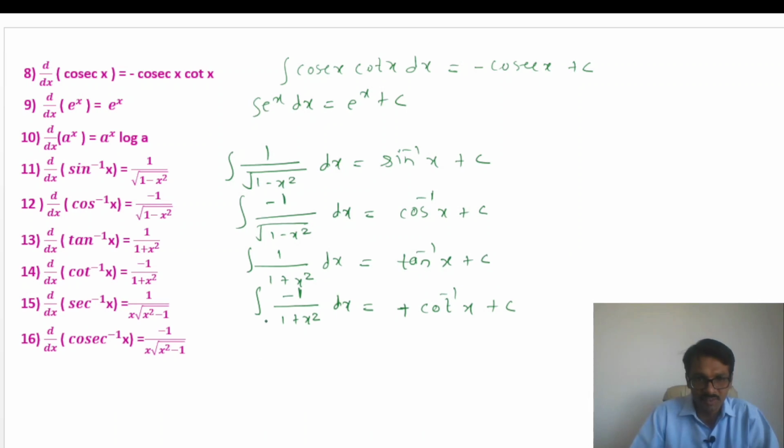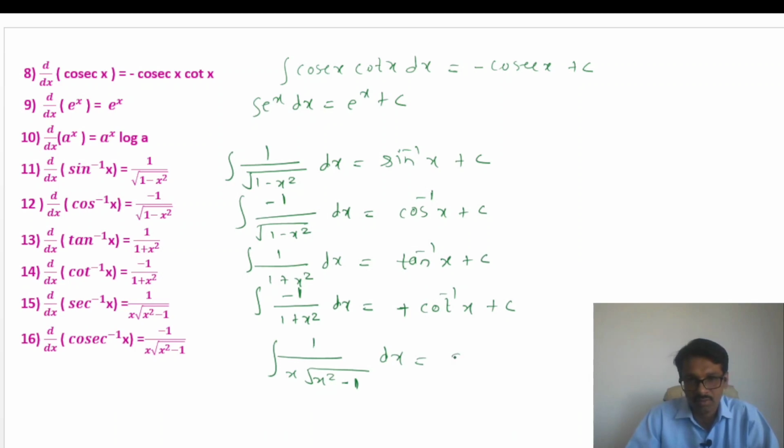Similarly, the integration of 1 upon x under square root x square minus 1 with respect to x gives sec inverse x plus c.